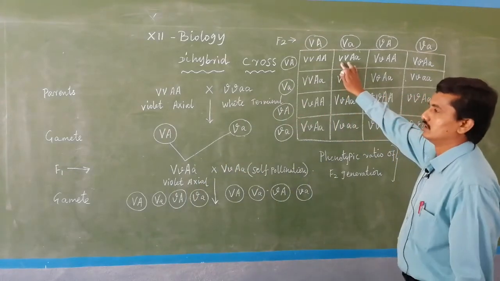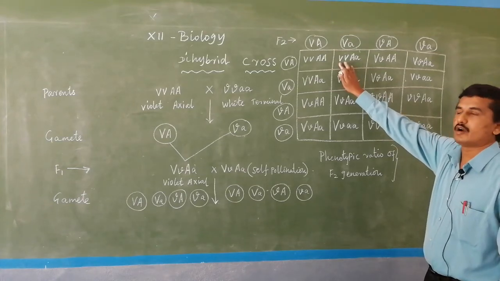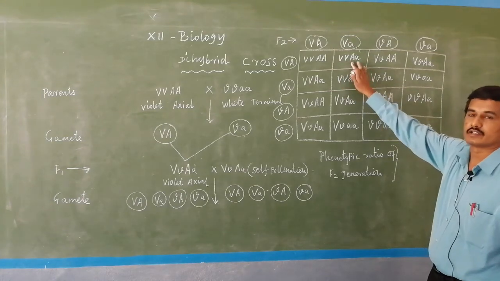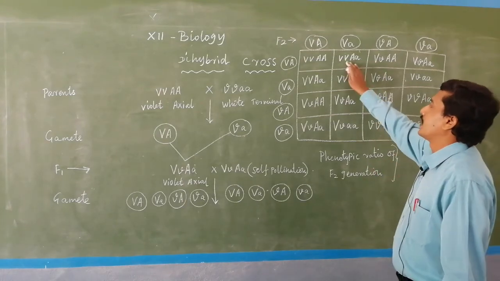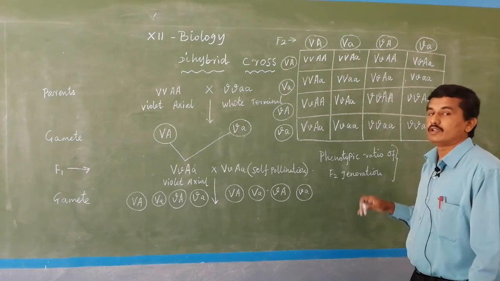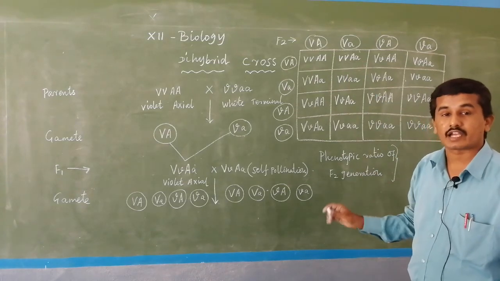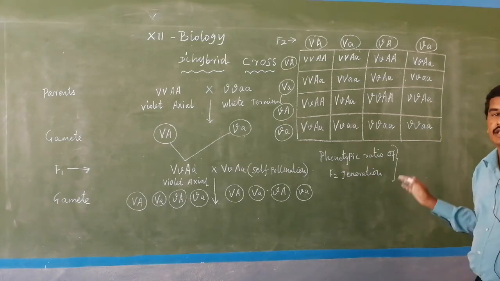So, any one dominant factor, capital V is a dominant factor, capital A is a dominant factor. If any one dominant factor is present, the plant expresses the particular dominant trait. If any one factor is dominant, the plant expresses only the dominant character.